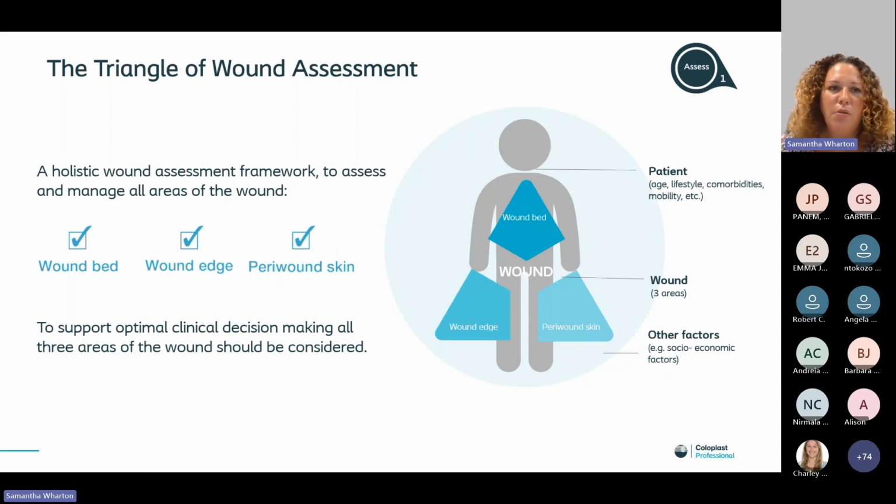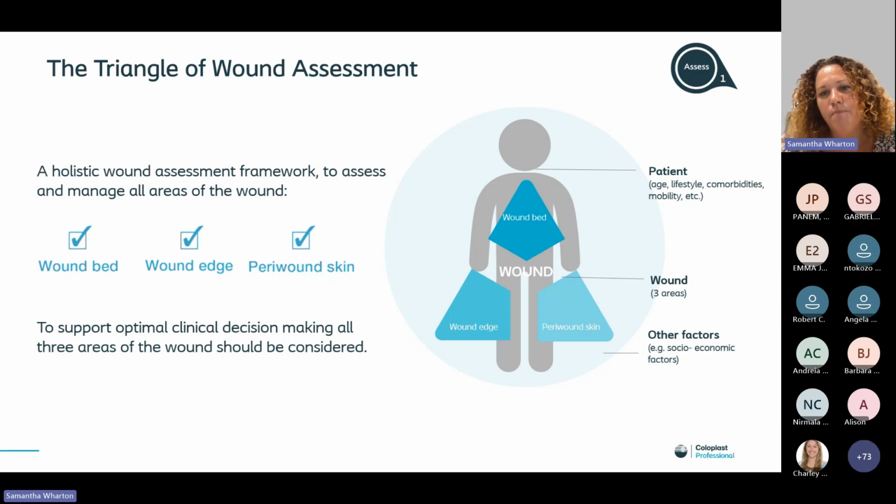So at this point, I'd like to introduce you to the triangle of wound assessment. So this is a wound assessment framework that was created with multiple specialists in wound care, and it's just to allow that really robust assessment to ensure you've covered every aspect of the patient, including that wound, wound bed, wound edge, and peri-wound skin. So it covers all aspects.